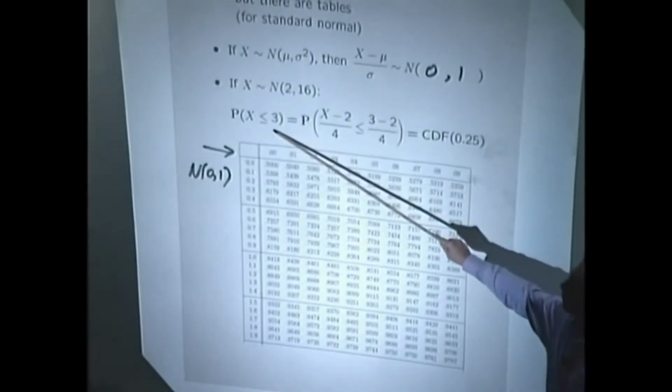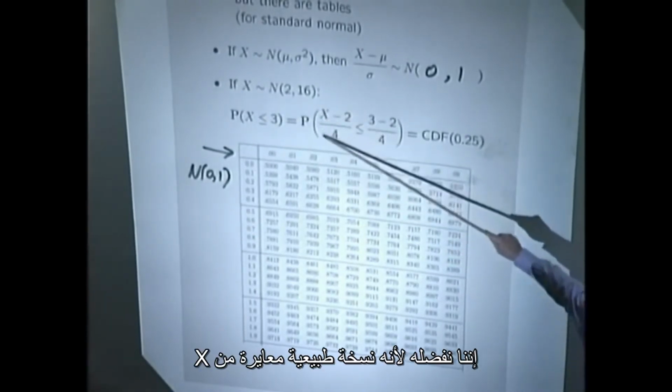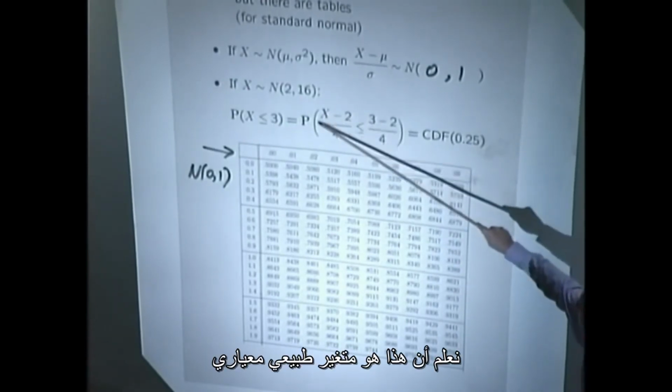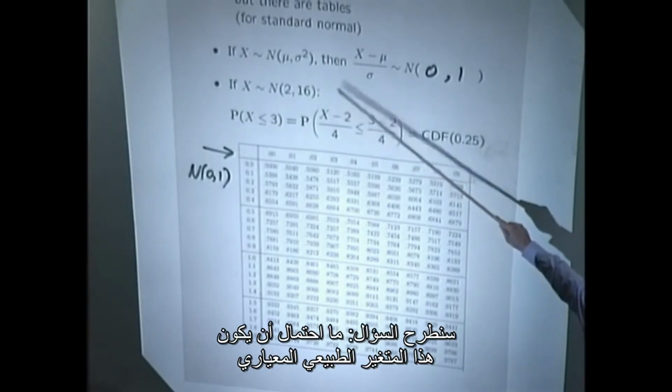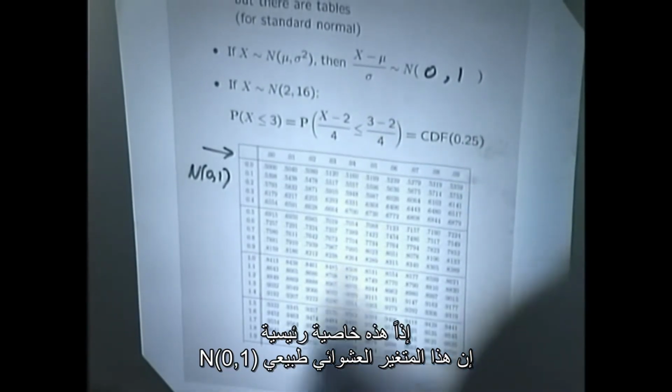Why do we like this better than that? We like it because this is the standardized or normalized version of x. We know that this is standard normal. And so we're asking the question, what's the probability that a standard normal is less than this number, which is 1/4? So that's the key property, that this is normal 0, 1.